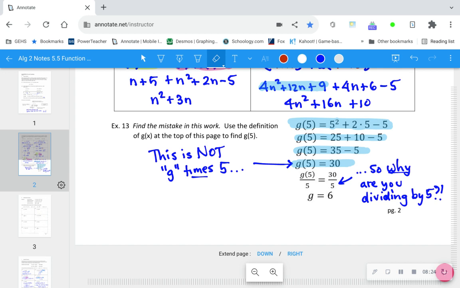G equals 6. No. G of 5 equals 30 is the right answer. So you have to avoid that mistake, and I see it a lot when I teach this section. So hopefully you understand that when it says g parenthesis 5, it's not g times 5, and because it's not times 5, you shouldn't be dividing by 5 on both sides. Okay, we'll pick up on page 3 of these notes in a minute.